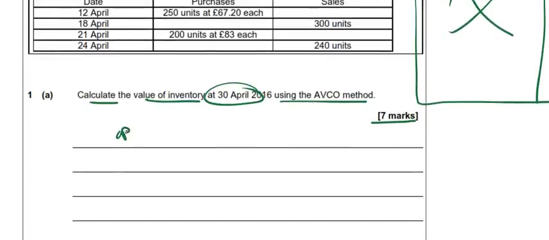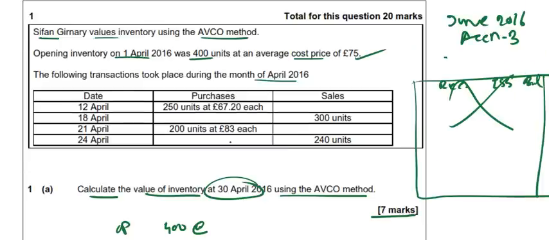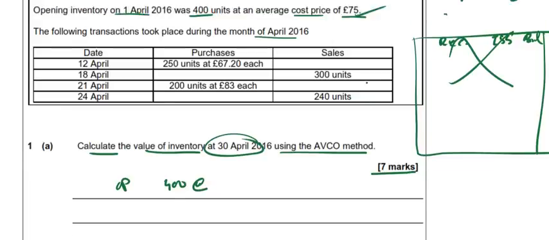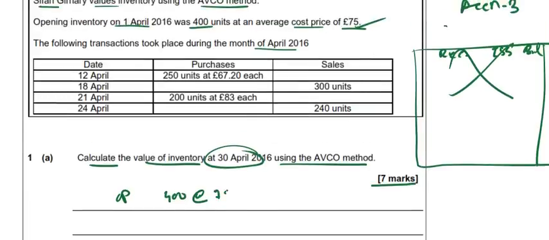So opening you had 400 at the rate of what price? 75. Multiply 400 by 75, and my calculator says you get 30,000 as the value.